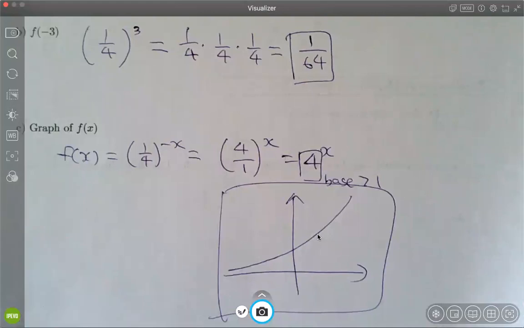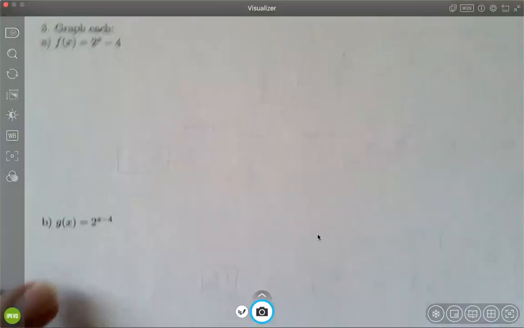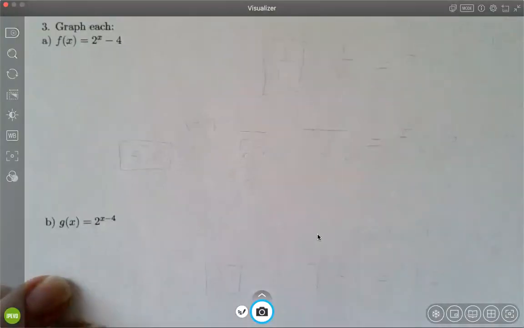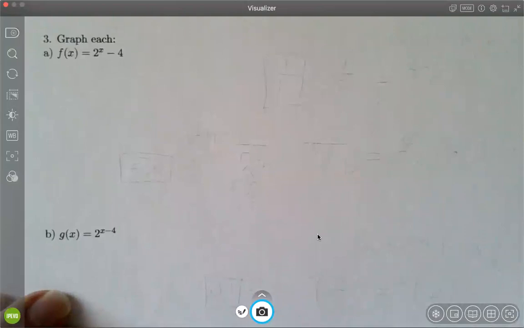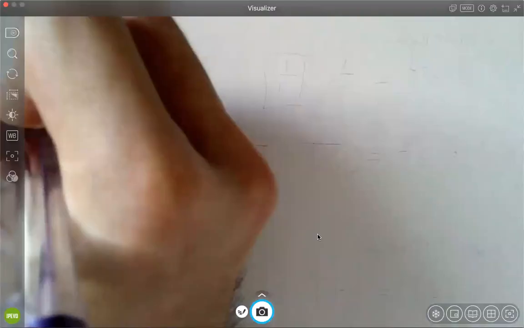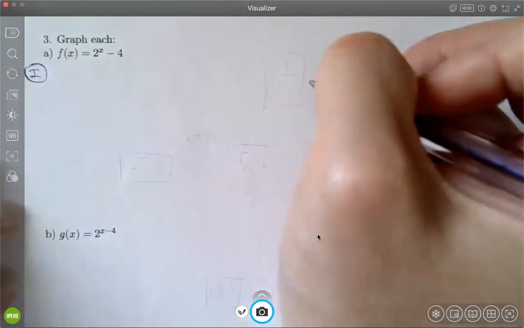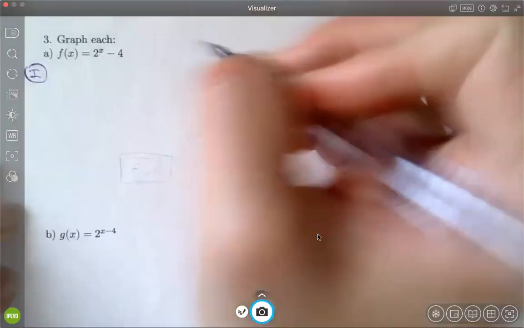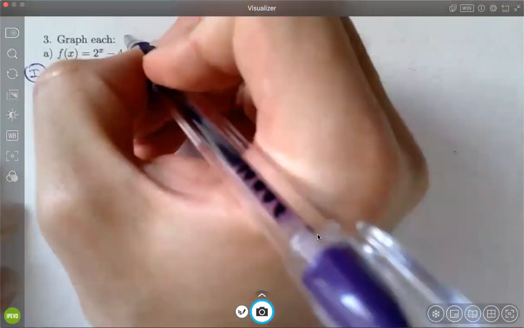Now, let's do 2 graphing problems. So, graph 2 to the x minus 4. Okay, so now here, we will do these graphing problems in a different way. First, how do you get the graph of this from the parent function 2 to the x?